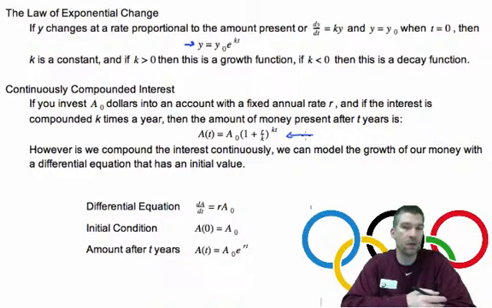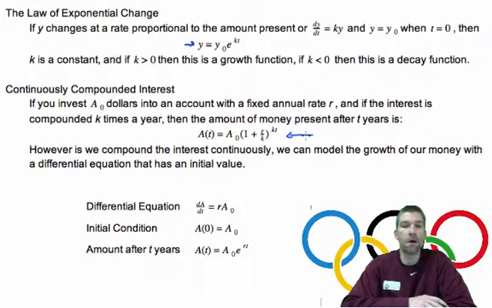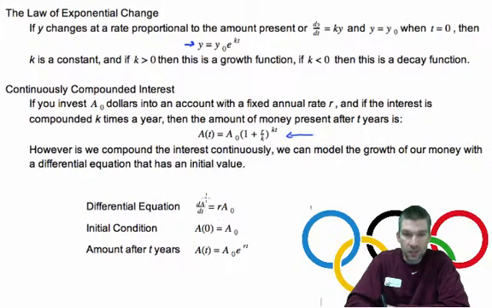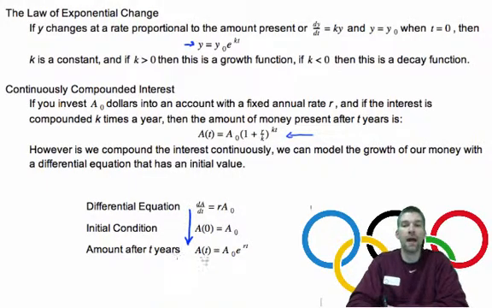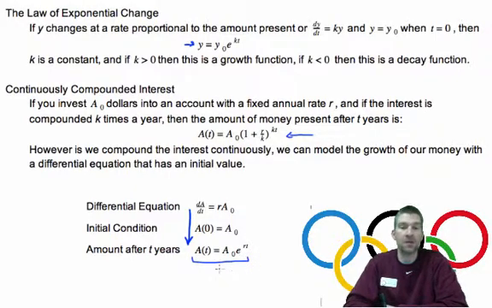But there's different ways that we would figure the interest compounded continuously. We can model growth of our money with a differential equation that has this initial value. So here's our differential equation with our initial value, and when we follow the path down, just like we did on our previous problem, we end up at this formula for finding the amount of money after t years.